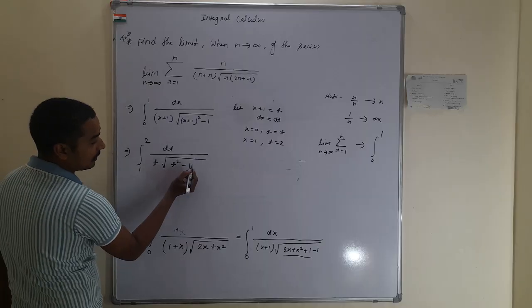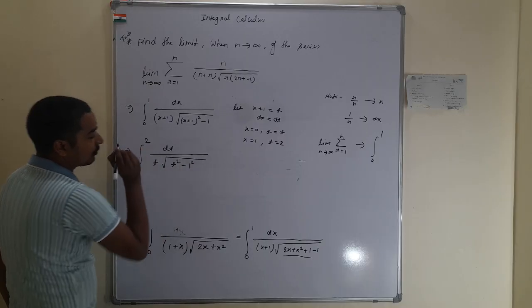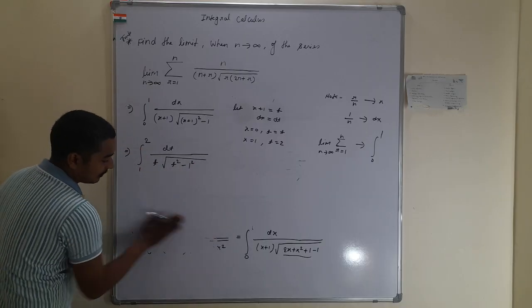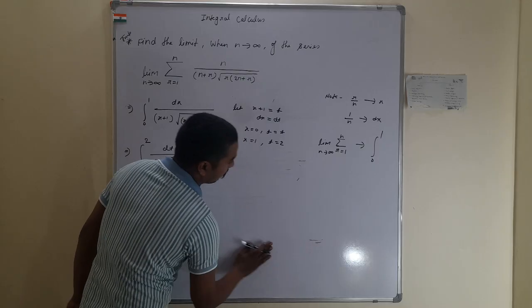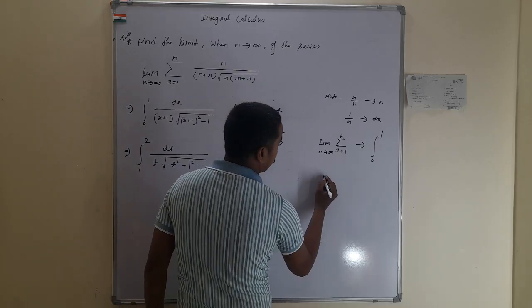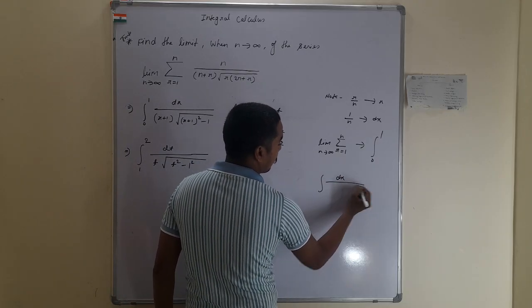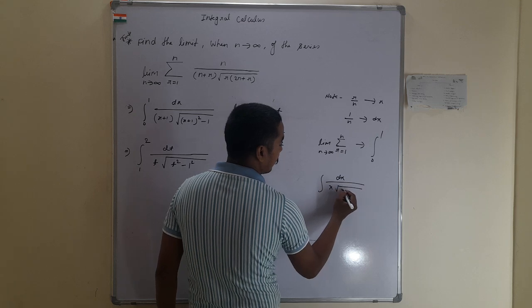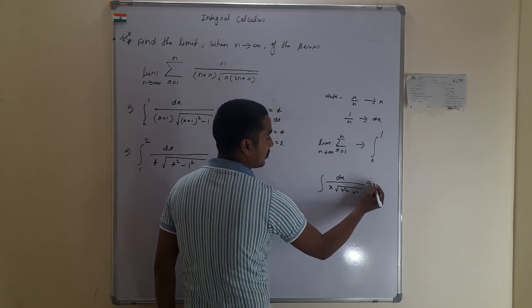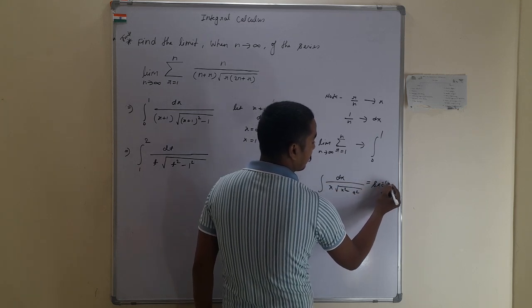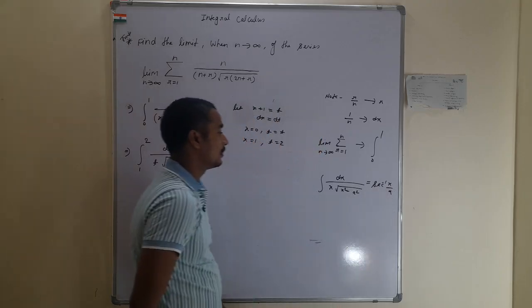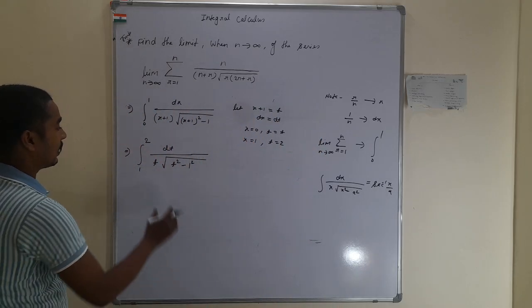And we can also write 1 as 1 square, nothing to affect. Further we have to know the formula: integration of dx upon x under root of x square minus a square is sec inverse of x by a. So we use this formula here.